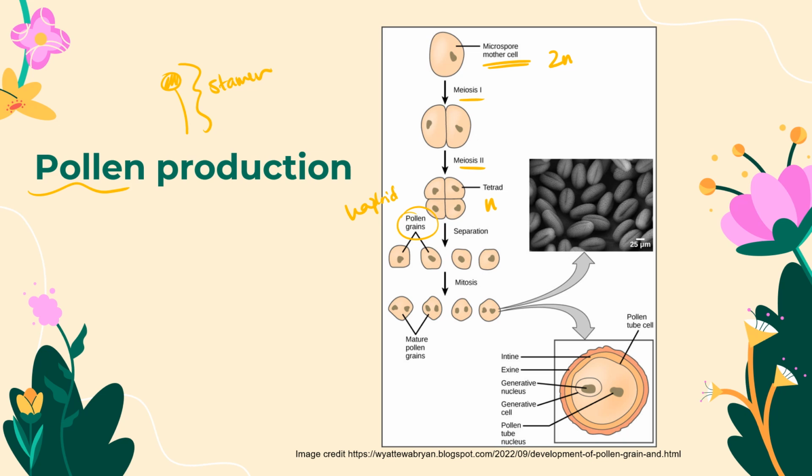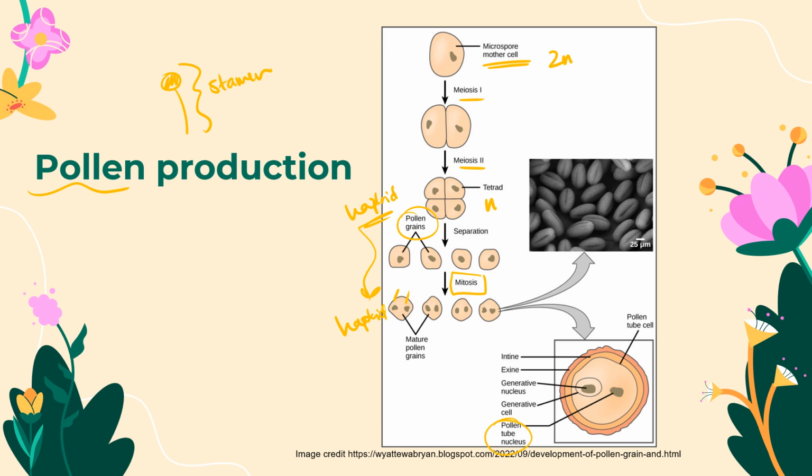What's kind of cool, these pollen grains that are haploid, they're going to go through mitosis. And they're going to stay haploid. So now we have these pollen grains that have gone through mitosis. Now they have 2 nuclei. One of those nuclei is going to be a pollen tube nucleus.